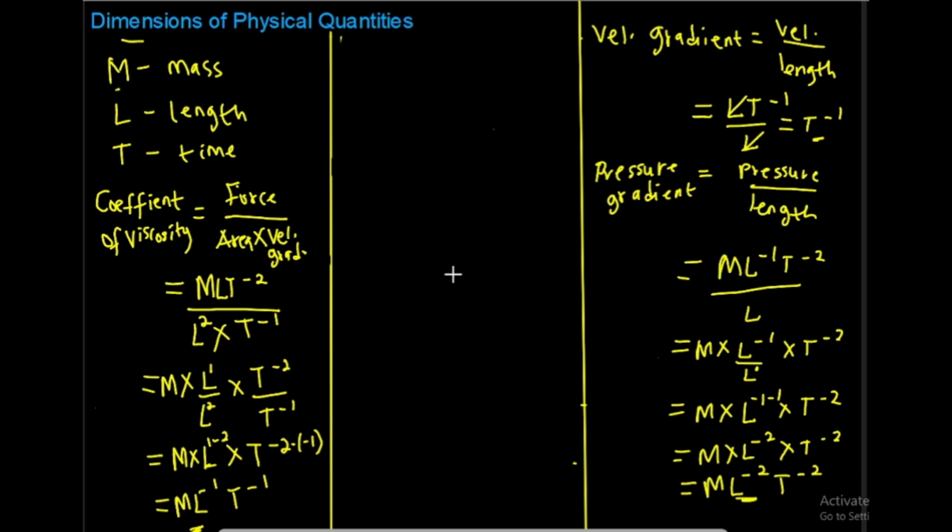Moving on, we can take the dimension for coefficient of friction. First we bring up the equation for coefficient of friction, and that is equal to the frictional force divided by the normal reaction.